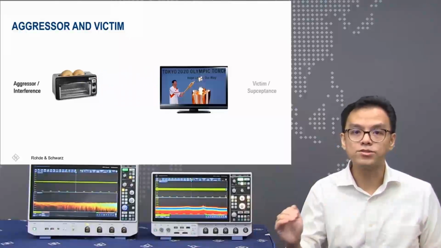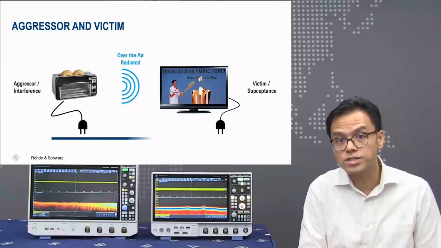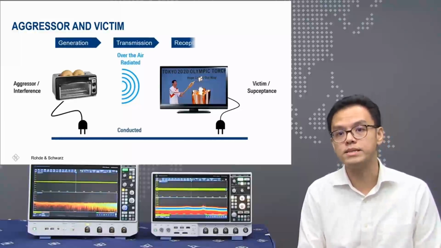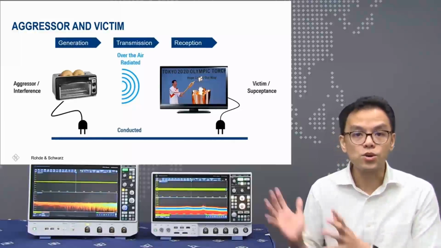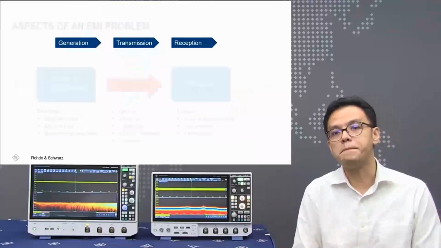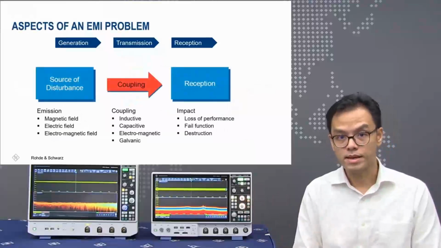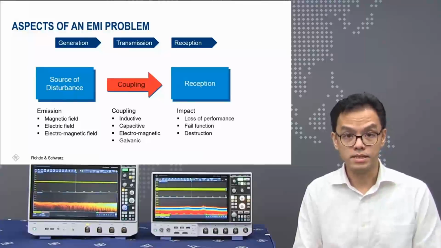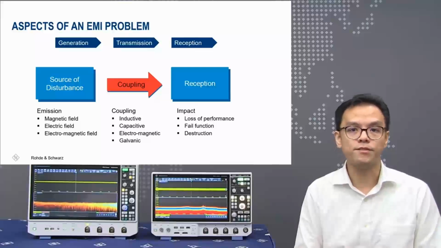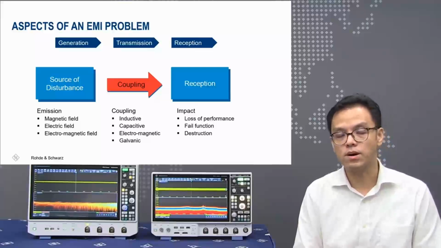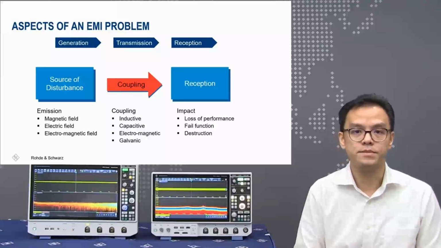Interference can propagate through the air or travel via shared electrical lines between the devices. The source of disturbance can be a magnetic or electric field, and it can couple in various ways. Ultimately, it reaches the victim device, impacting its performance or potentially causing failure and damage.